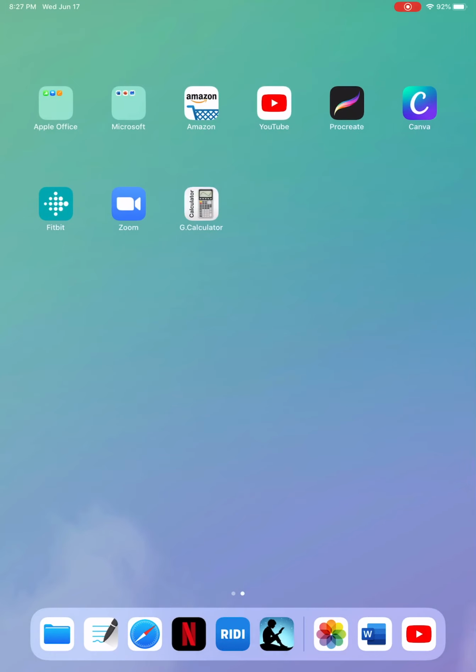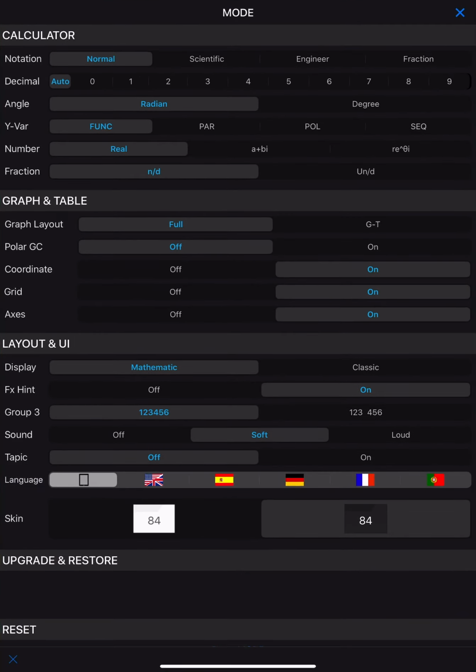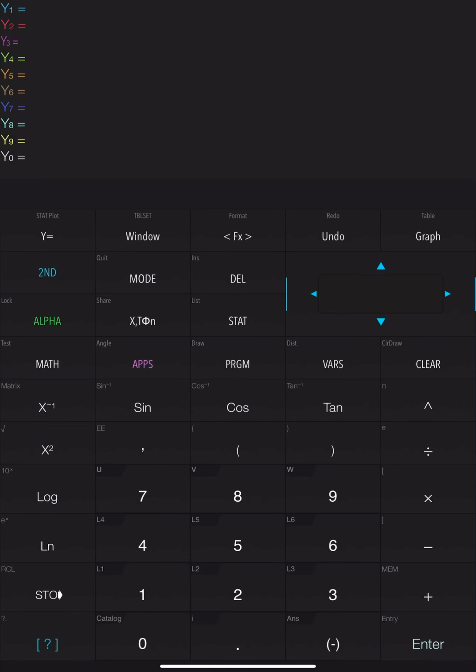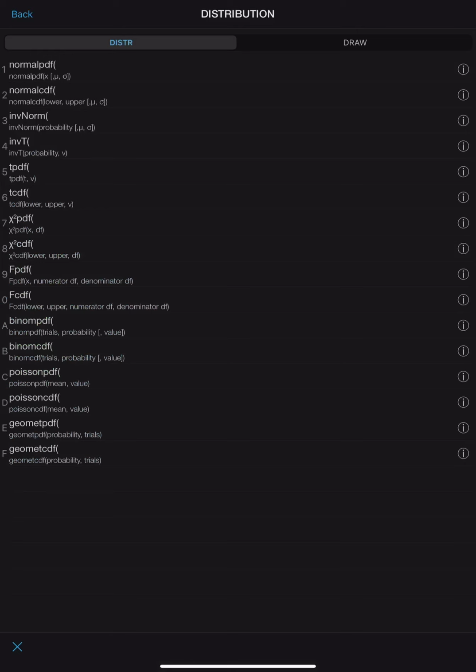All right, so on the calculator, here's your home screen. Remember I told you second key VARS to get to the binom PDF. VARS is next to the clear button. We are pressing second key VARS to get to the distributions.